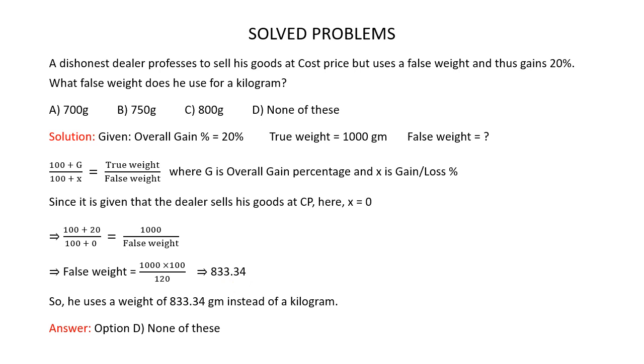So he uses a weight of 833.34 grams instead of a kilogram. But when you look at the options given here, you will not find 833.34 grams here. So the correct answer is option D, none of these.